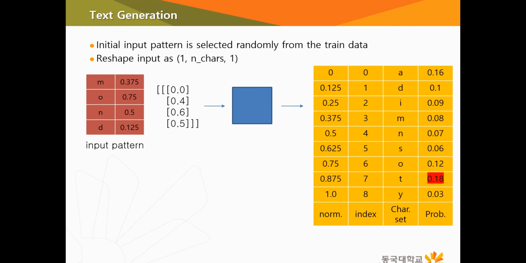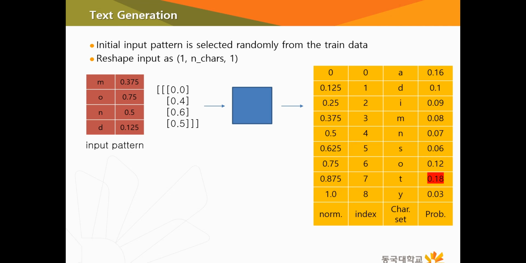And the next input pattern is chosen by removing the first input character in the earlier input pattern, and by adding the character from the classification set that has the highest probability.